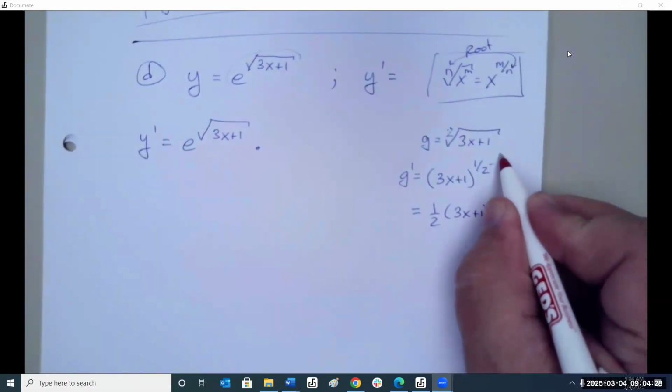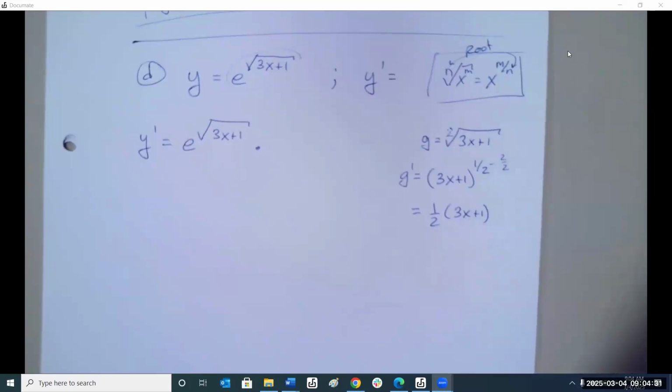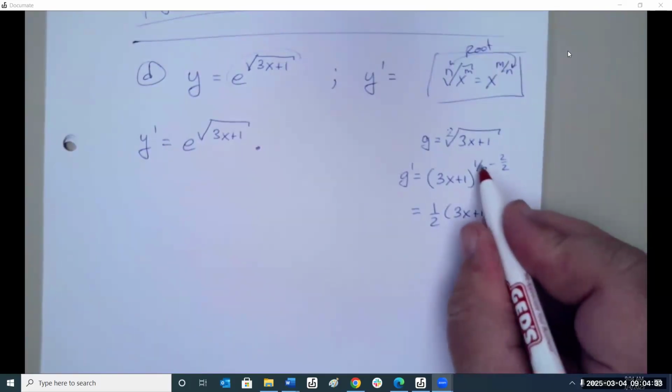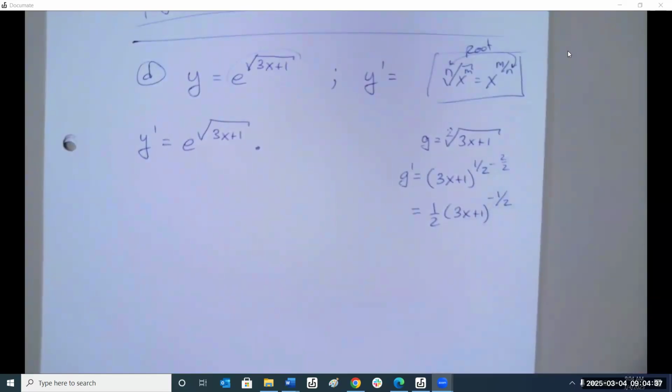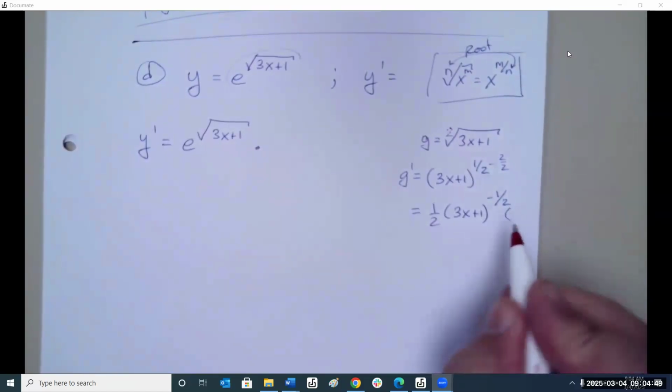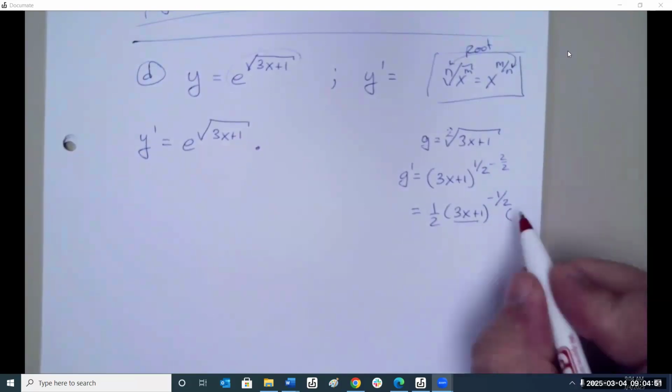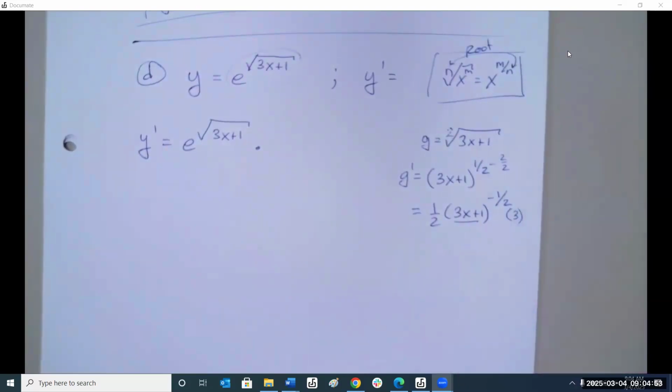Subtracting 1 is the same thing as 2 over 2. So 1 minus 2 is negative 1/2. Then what do we do? So that's the outside. Then we've got to do what? The derivative of the inside. What's the derivative of 3x plus 1? 3.